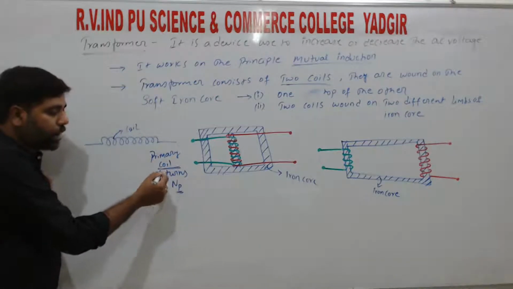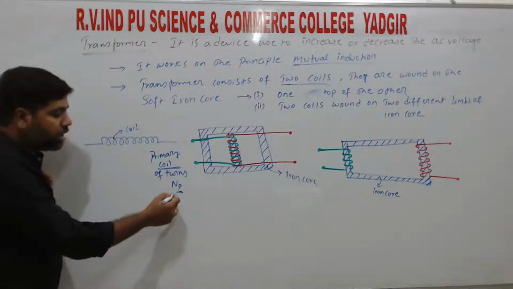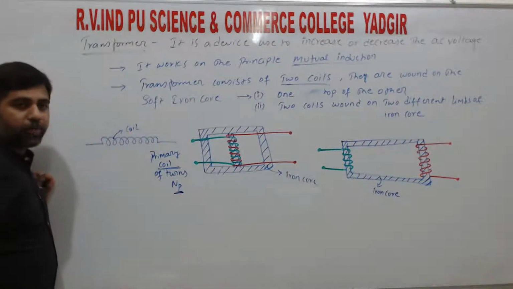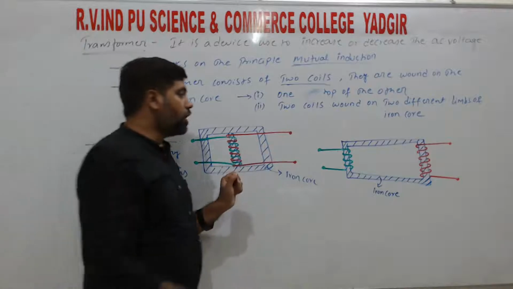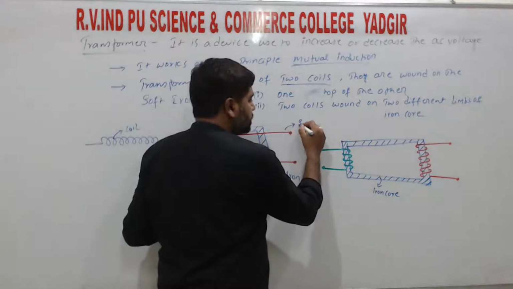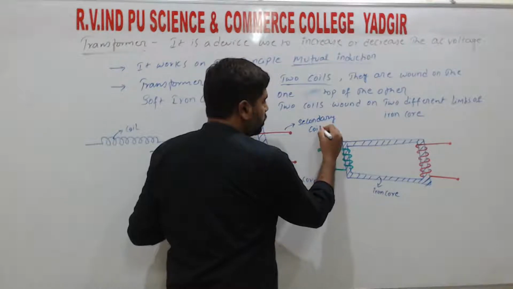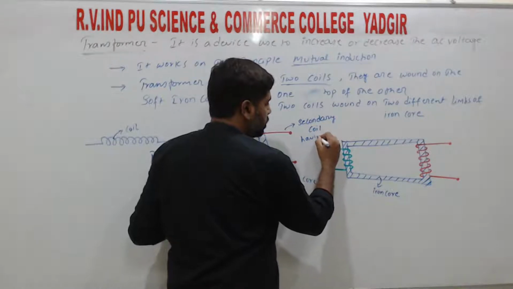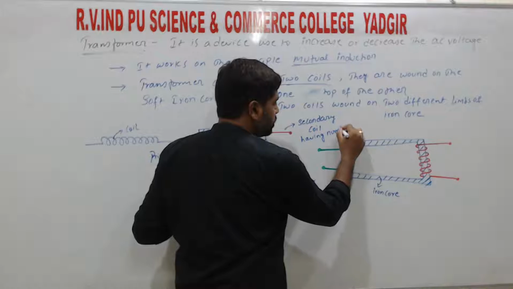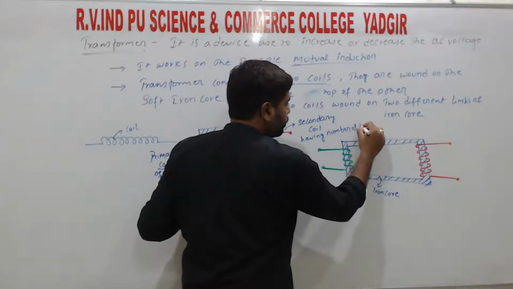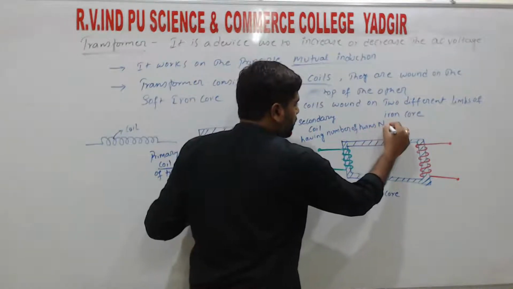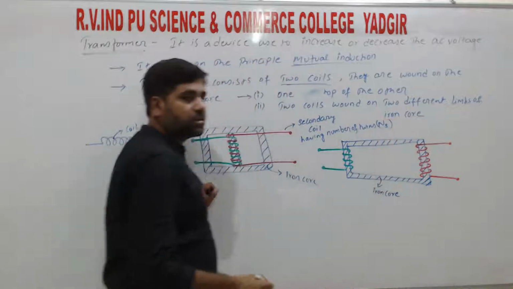So one is the primary coil, and that primary coil has the number of turns NP, right? The other coil we call the secondary coil, having the number of turns denoted by NS, where N is the number of turns.